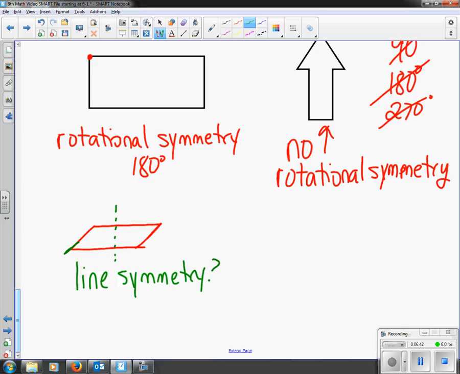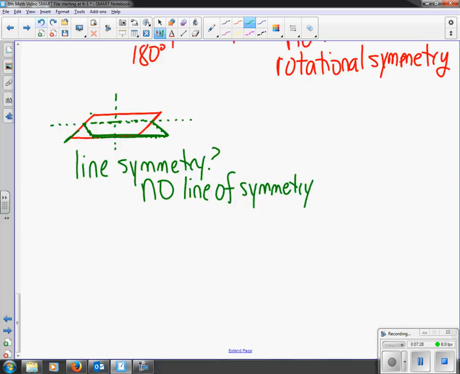If I picture folding it on itself, it would look like that, so it wouldn't match up. If I try a line of symmetry this way, it would fold on itself like that. So no line of symmetry.